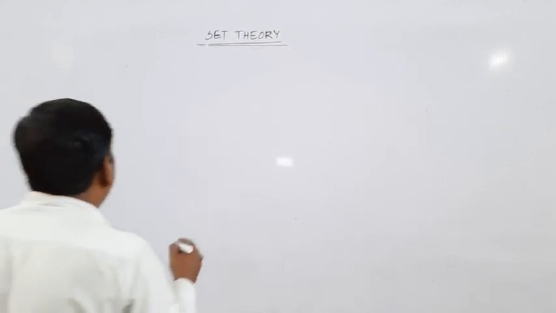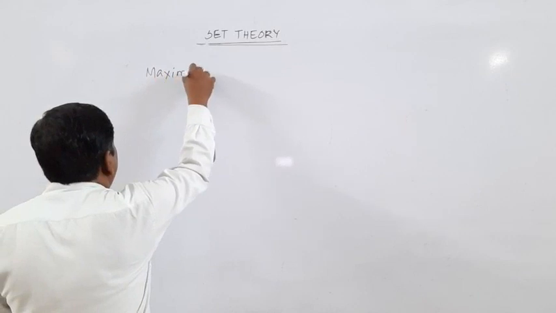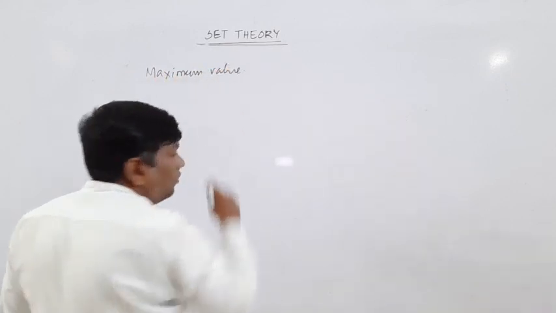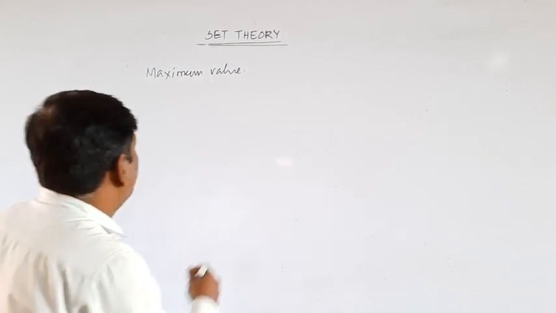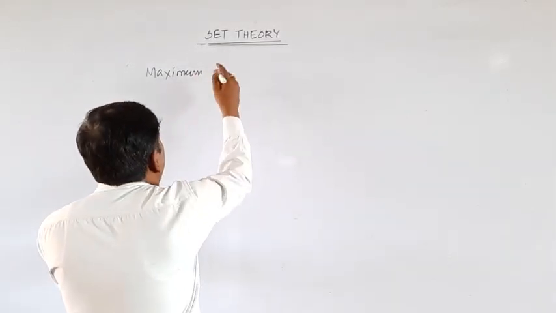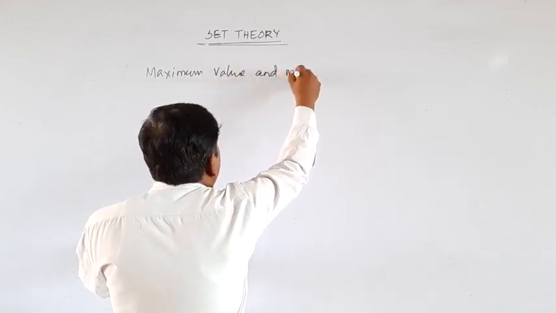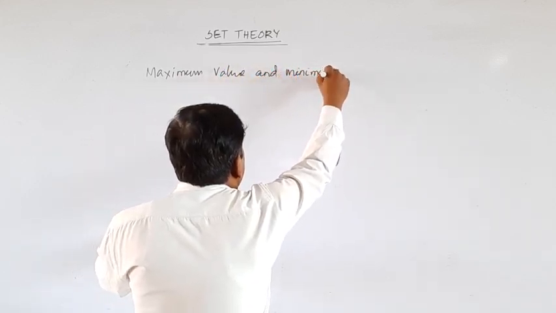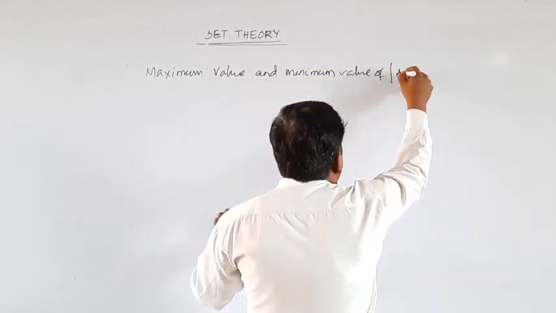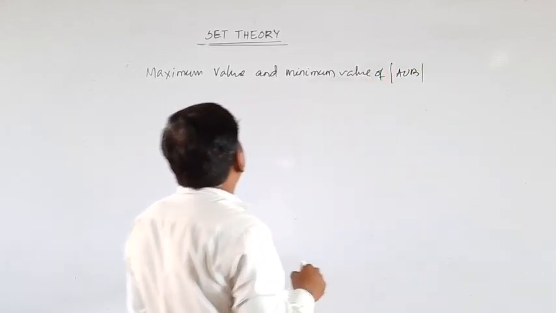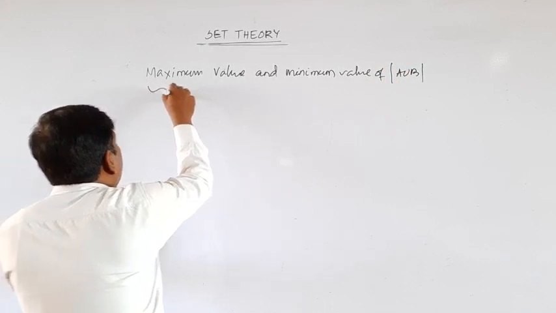Now, what are the maximum and minimum values of cardinality of A union B?